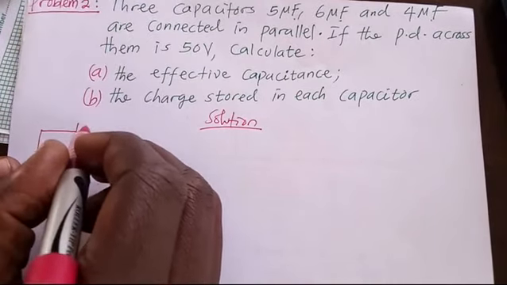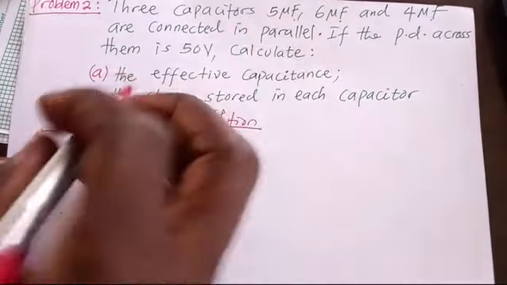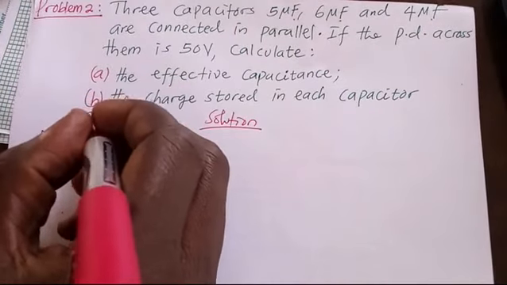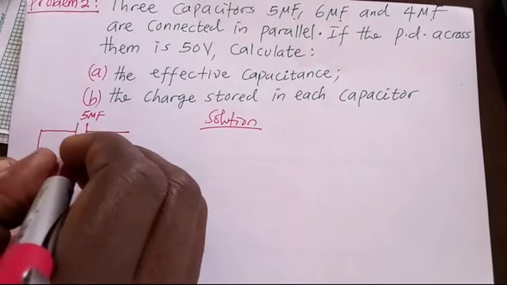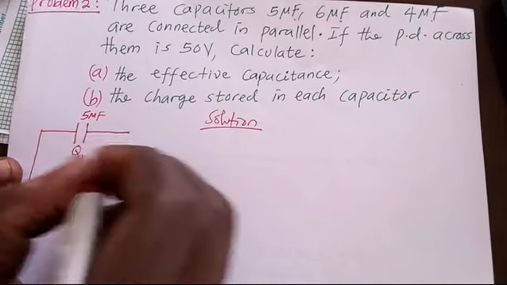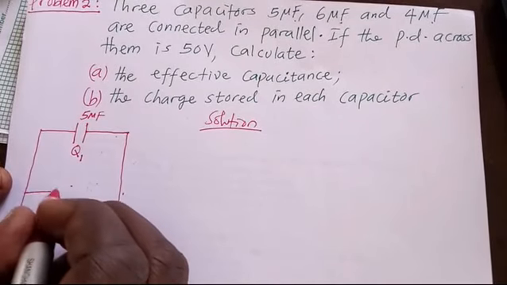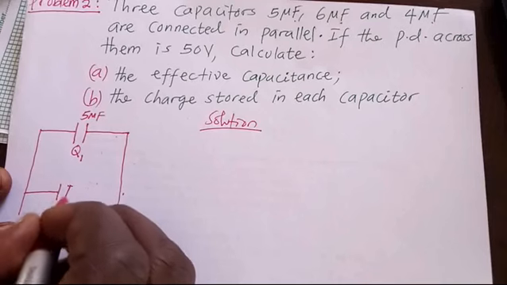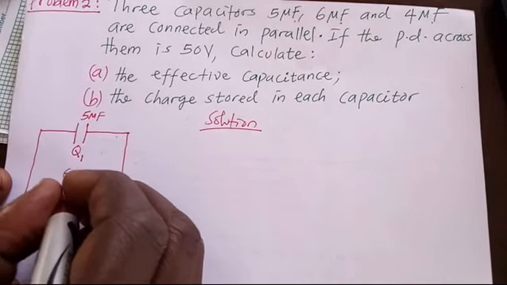We have the first capacitor here. It has a capacitance value of 5 microfarad. Then the charge stored, Q1, we don't know. Then we have the second capacitor. This one is 6 microfarad.